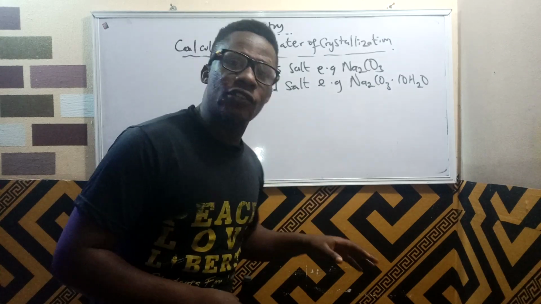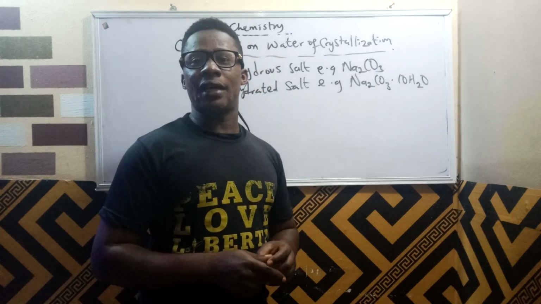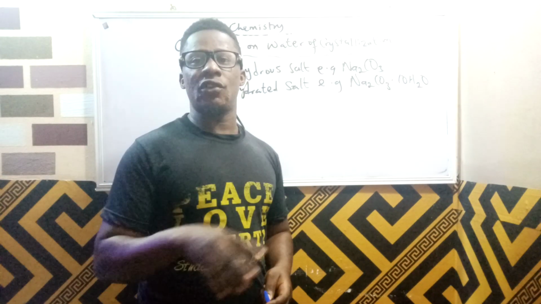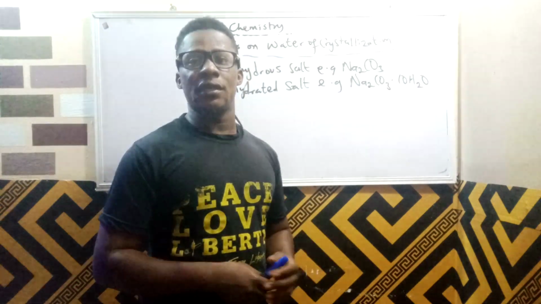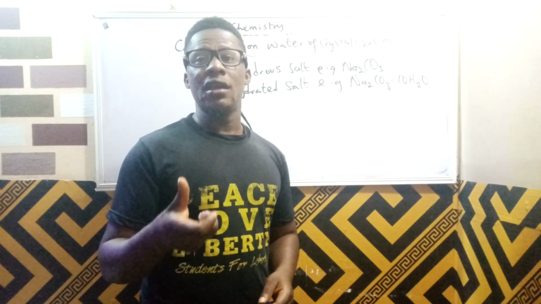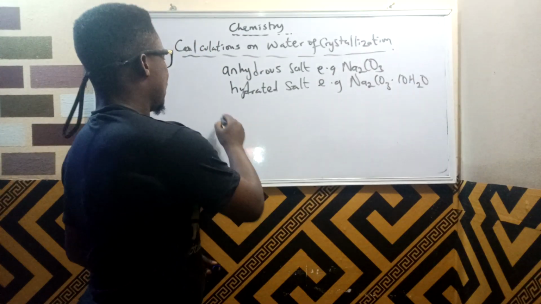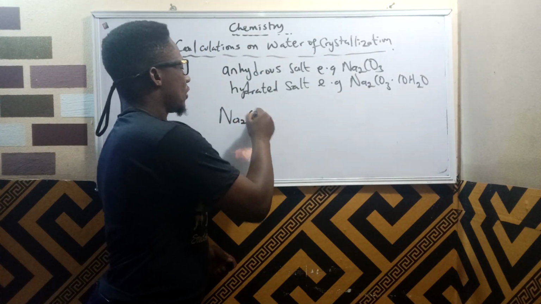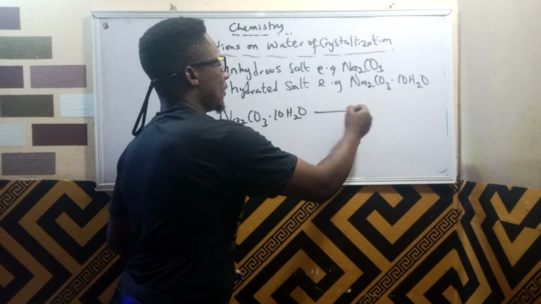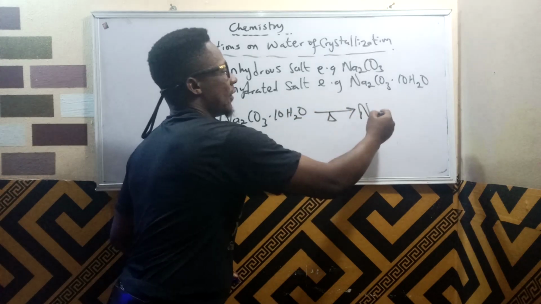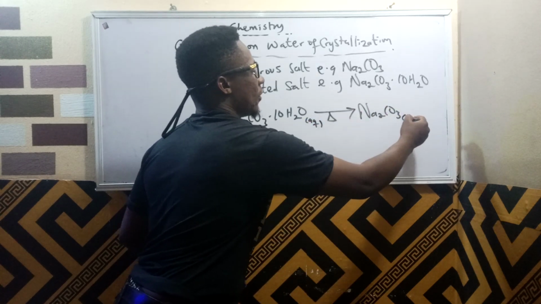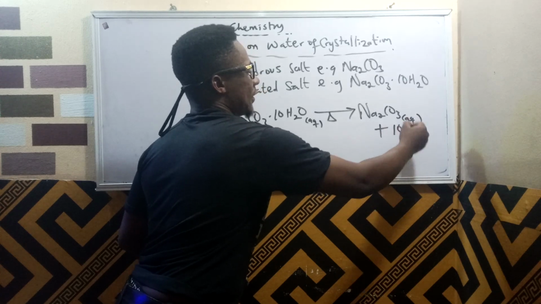So the essence of calculating the water of crystallization is so that we are able to find out what water of crystallization each of these salts contains. And of course, you should take note that if they contain water of crystallization, when there is heat, for instance, if you have Na2CO3.10H2O, with heat you can have Na2CO3 (aqueous) plus 10H2O.